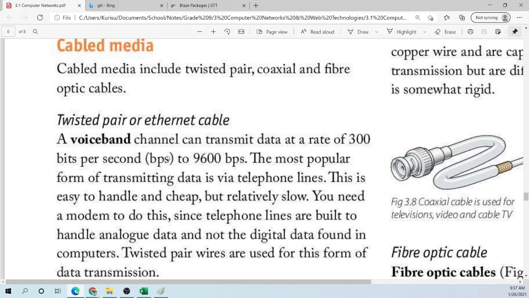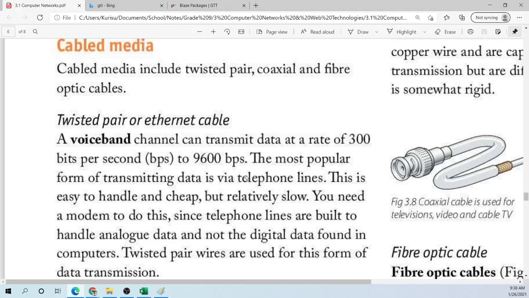Good. So the most common form of twisted pair. Another name for twisted pair cable is Ethernet cable. Now, a very common example of twisted pair cable is your telephone line.